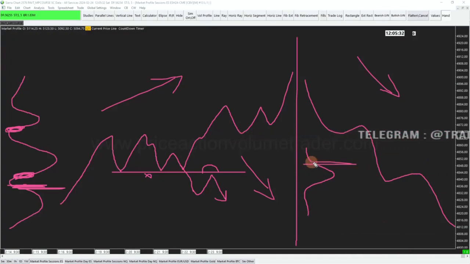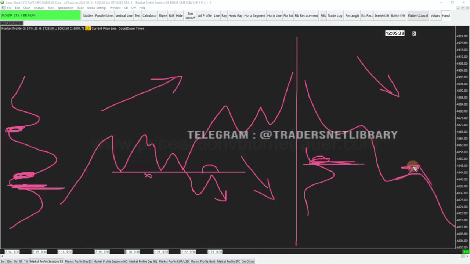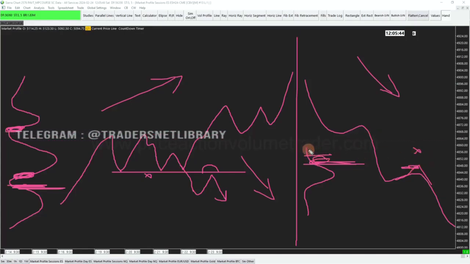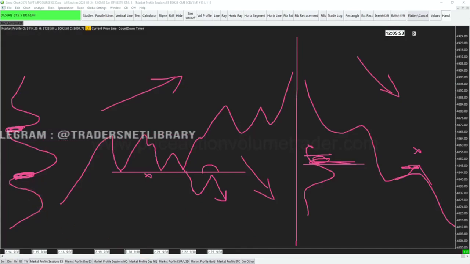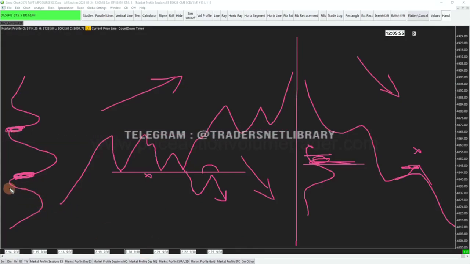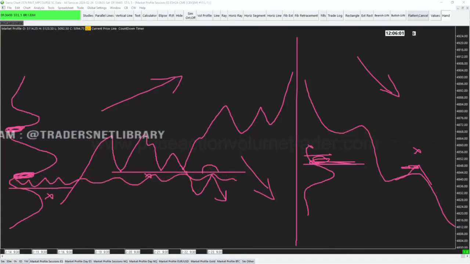Then we want to be getting short on pullbacks into the top edge of this high volume node, because this also helps us to define our risk very well, as we place our stops just beyond the low volume node area. So for example here, if we get long on this pullback, then our stop loss would go just beyond this low volume node protection that we have right over here.